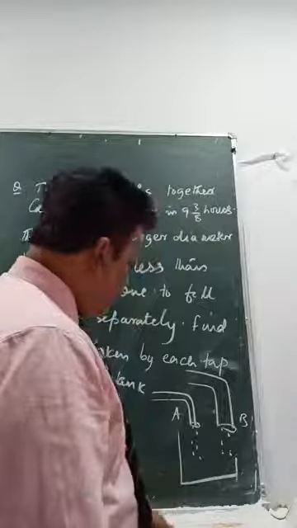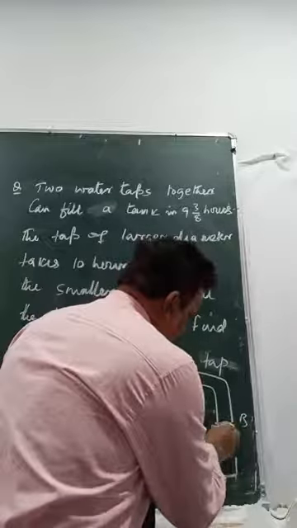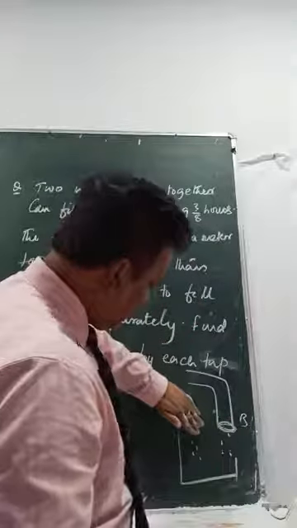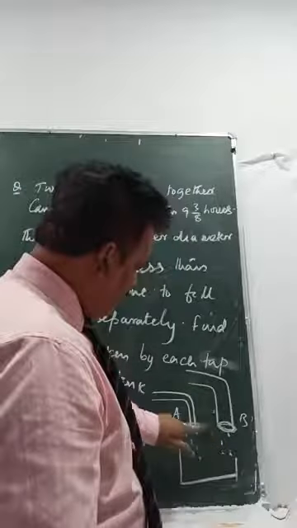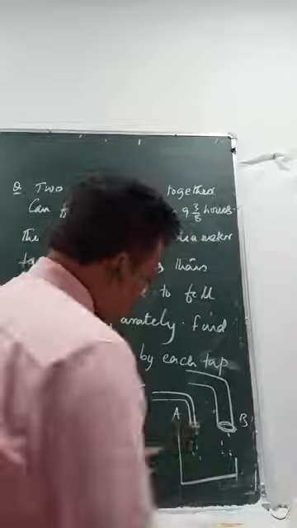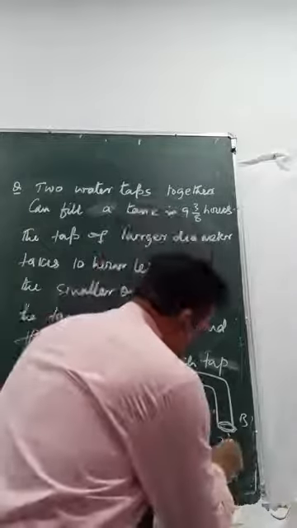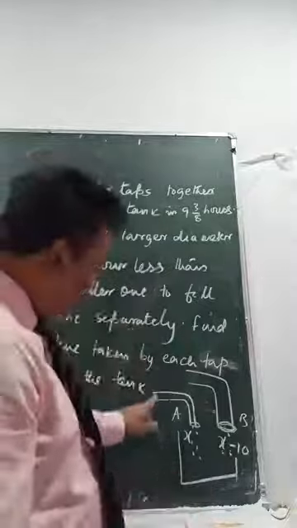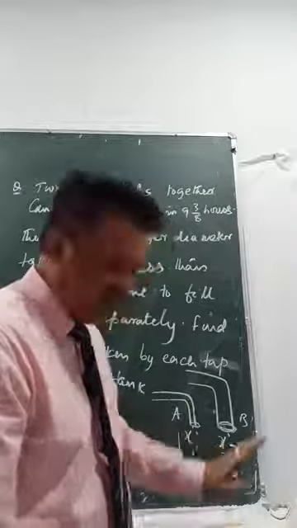But individually, the larger diameter tap is taking 10 hours less. Suppose this is closed, this one will take 10 hours less when running alone. If this takes x hours, this will take x minus 10 hours. That is the clue here.